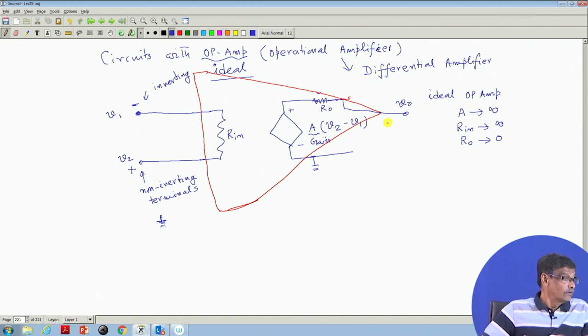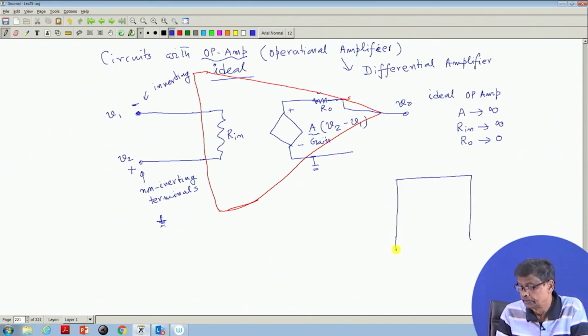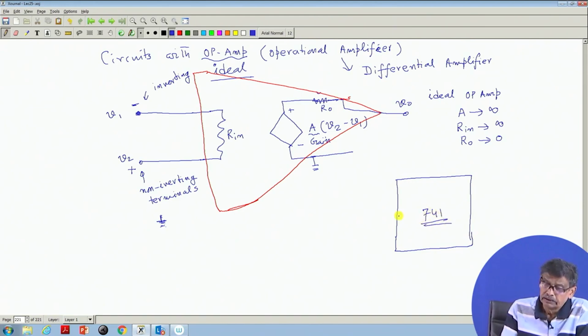Achha. Now, I will just tell you about a very popular op-amp chip, which is available as the 741. To understand what these terminals are, there are 8 pins, so 8 connections you can make.